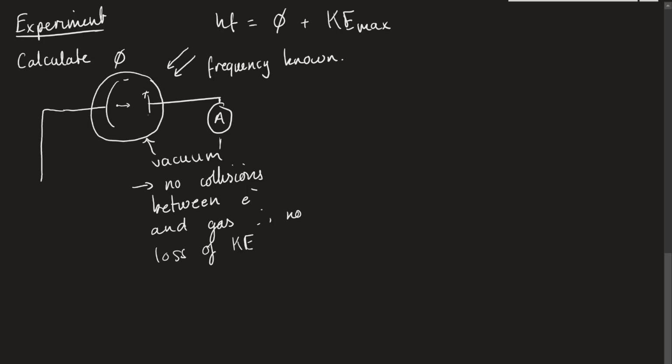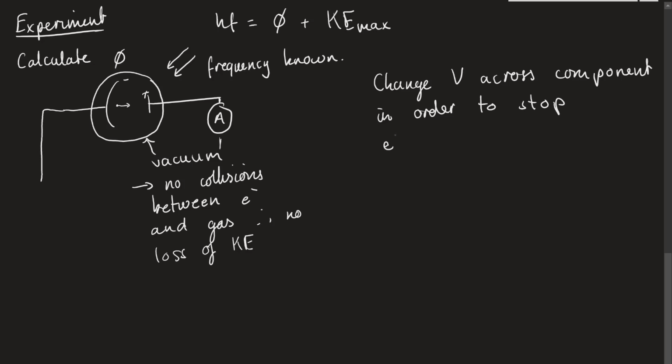But if we change the potential so that it completely stops the electrons in midair, it means we're doing work on the electrons. So we're going to change the potential across the component in order to stop electrons from moving across the gap.